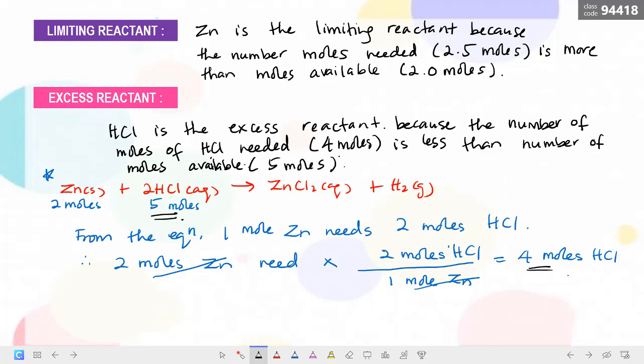So settle with the excess reactant and limiting reactant.